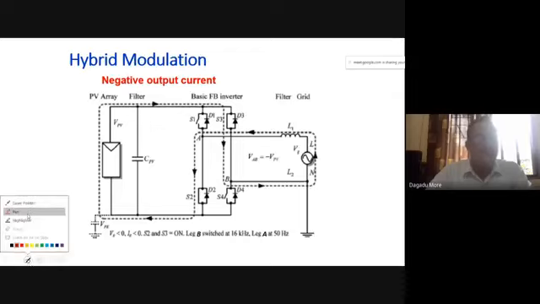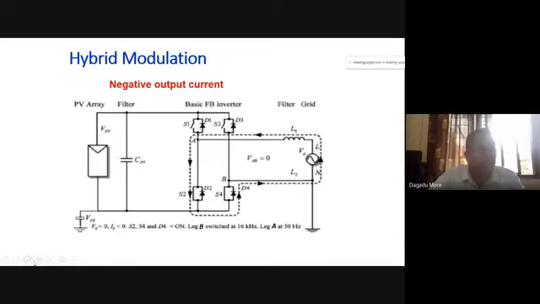In the next 10 milliseconds, S2 is on, and let us assume that S3 is on. So when S2 and S3 are on, we have shown it here.